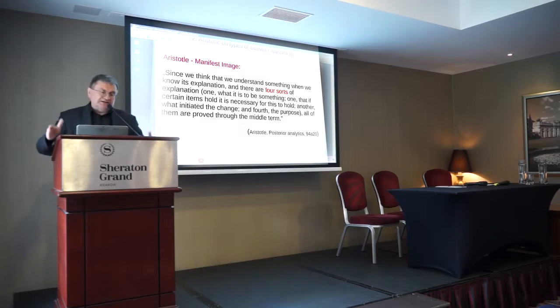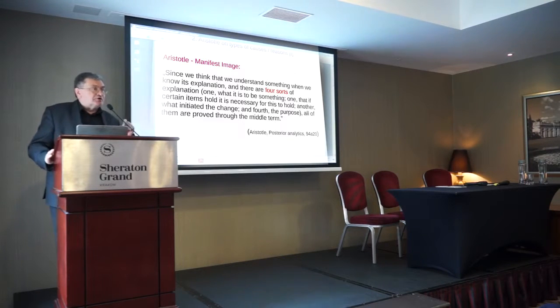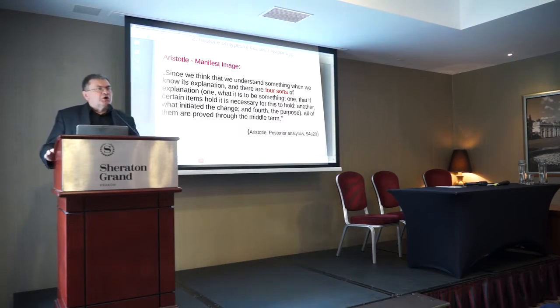I will say this only very shortly, since we think that we understood something when we know its explanation. It's very important for Aristotle not only to describe, but also to give an explanation, to answer the question why it is this way or another way. And there are four sorts of explanation. One, what it is to be something. Two, that if certain items hold, it is necessary for it to hold.